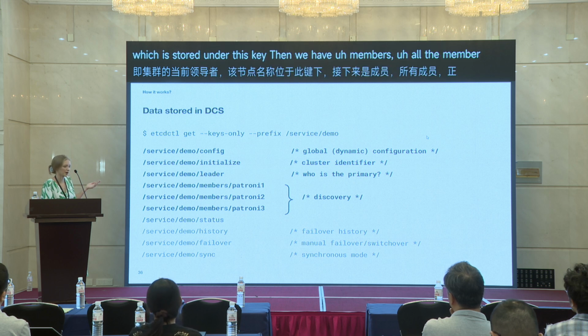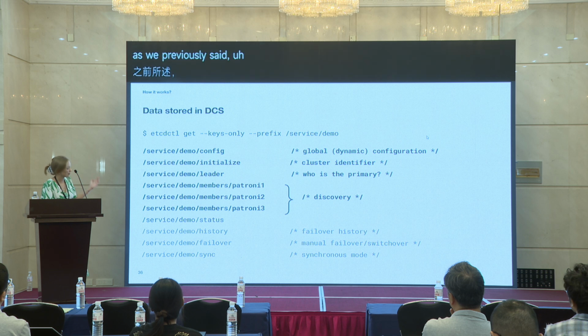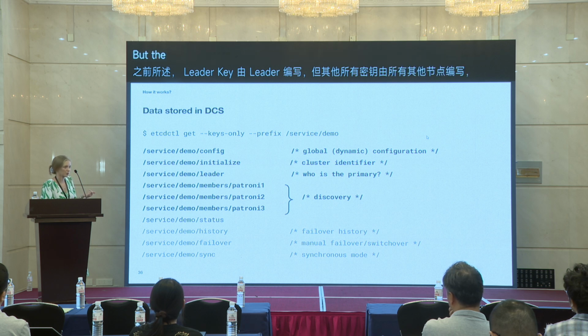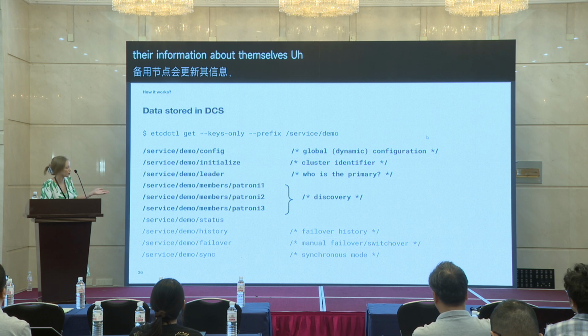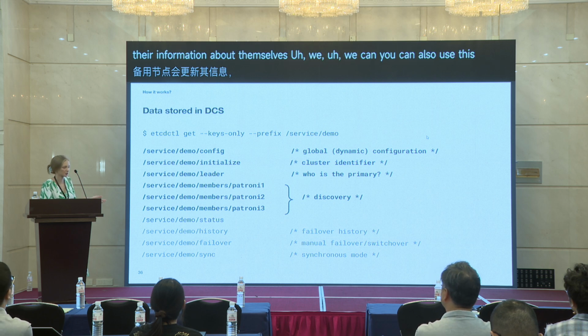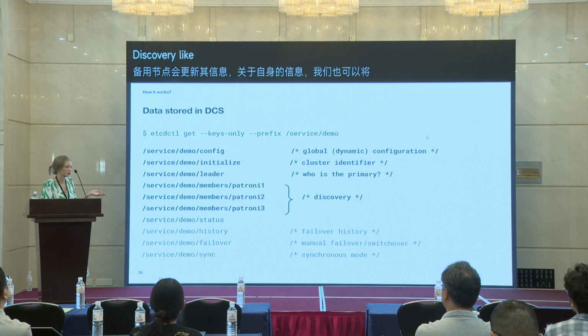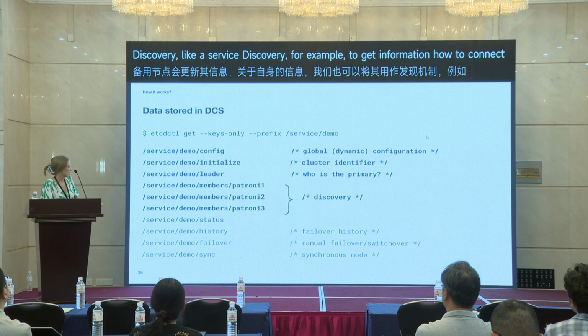The leader key is written by the leader, but the member key is written by all the other nodes, the standby nodes. They update their information about themselves. This way, you can also use this as service discovery, for example, to get information on how to connect to this instance.